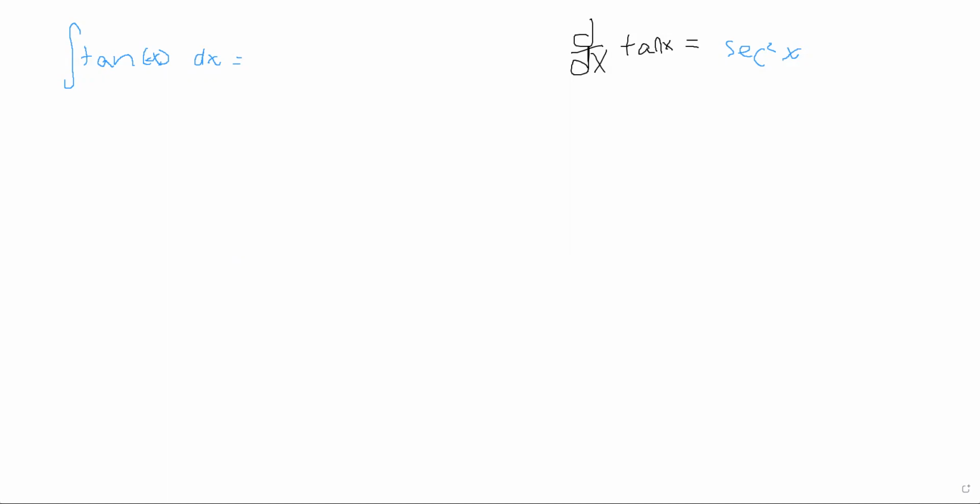Well, I know that tangent of any argument is sine over cosine. Then I was looking through my notes, and I remembered the natural log property where if you have a function as the argument, the derivative becomes the derivative of the function over the function.